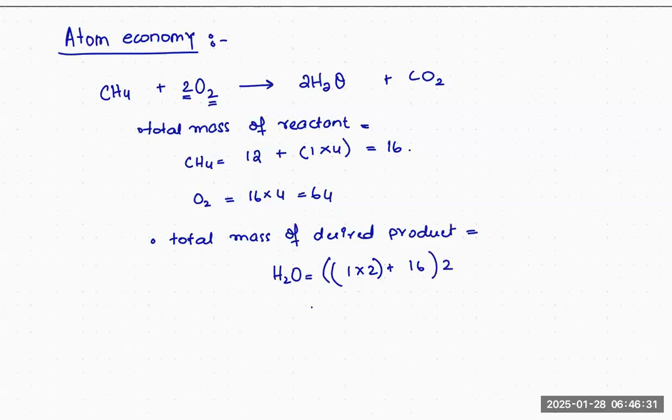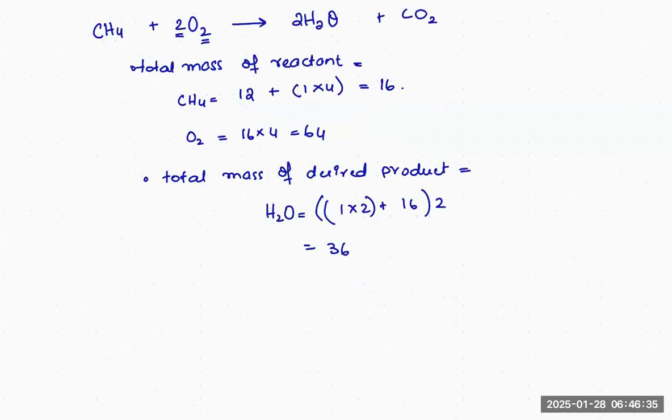And finally use the formula: mass of desired product divided by mass of reactants, multiplied by 100.